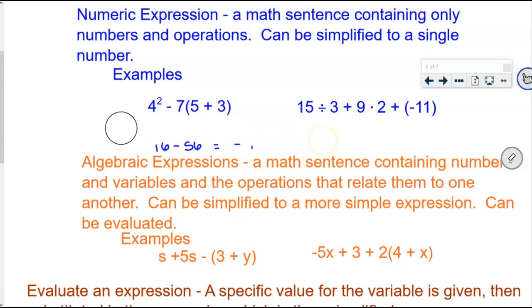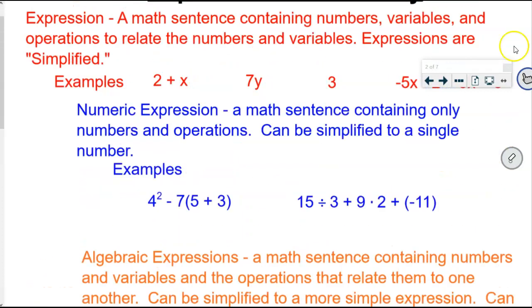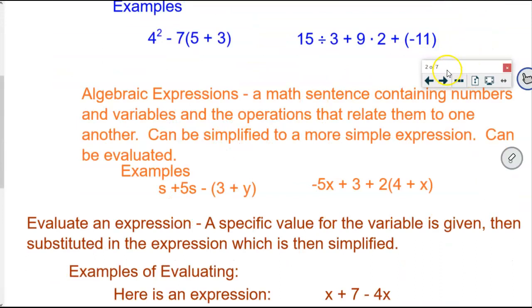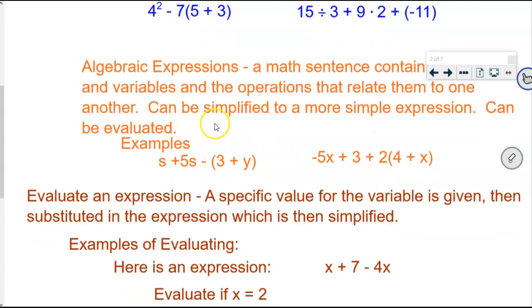Now typically, once we're past like 6th grade, we don't do numeric expressions. Numeric expressions are math sentences that contain only numbers and operations. We, in junior high, focus more on algebraic expressions, math sentences that contain numbers and variables and the operations, but those can still be simplified. That's what we've done with our algebra tiles.